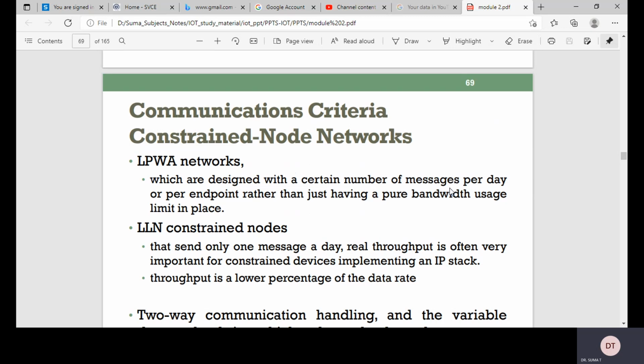If you now add in the protocol stack overhead, the two-way communication handling and the variable data payload size, you end up with a maximum throughput of 30 to 40 kbps. This must be considered the best value because the number of devices simultaneously communicating, along with the topology and control plane overhead, will also impact the throughput.